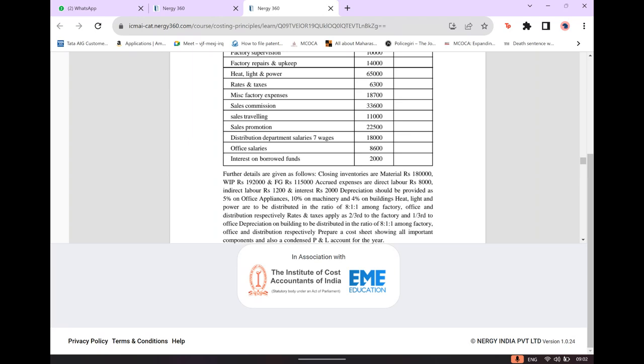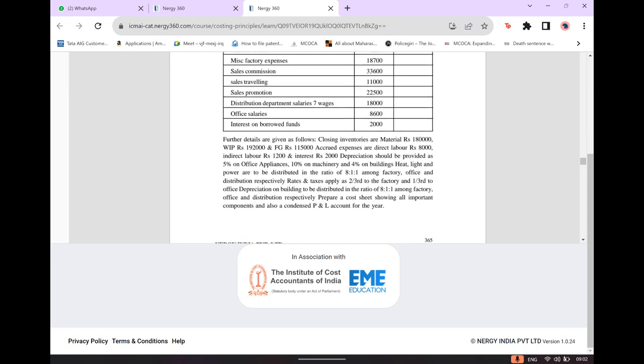Depreciation should be provided at 5% on the office appliance, 10% on machinery, and 4% on building. Heat, light, and power are to be distributed in the ratio of 8:1:1 among the factory, office, and distribution respectively. Rates and taxes will be 2/3 factory and 1/3 office.